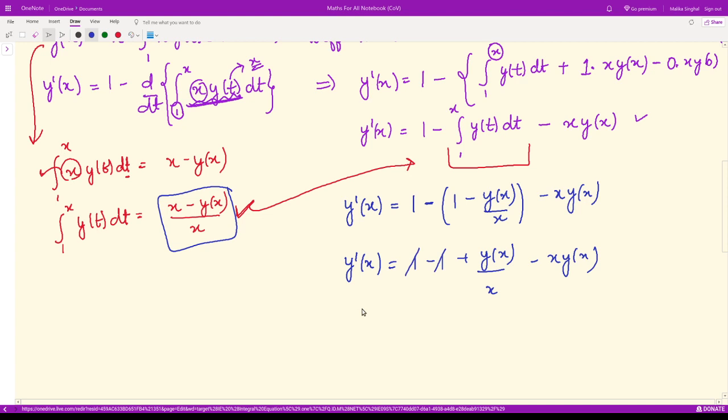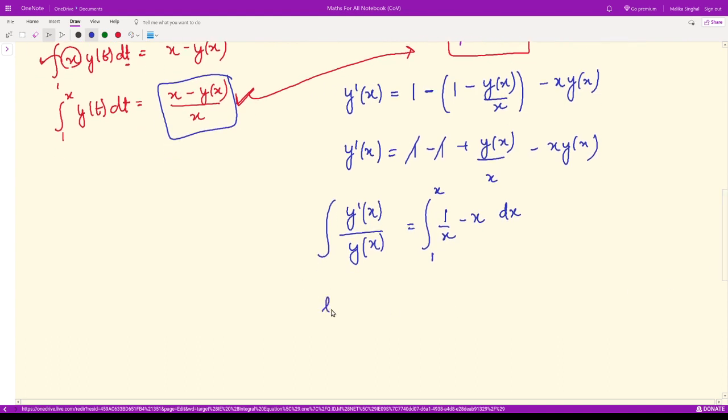This 1 and 1 cancel, so we'll take the y of x common and divide it on the left hand side. So we'll have y dash x divided by y of x equal to 1 by x minus x. So now we can integrate both sides, right? Here the limits are from 1 to x, the same as that given in the question.